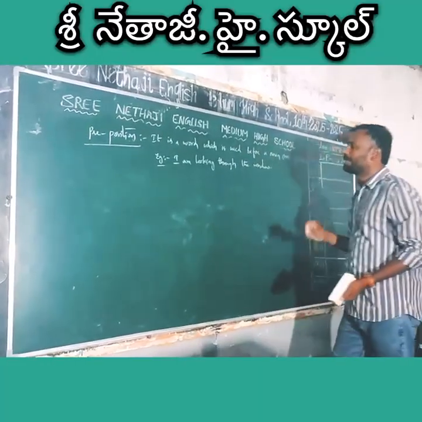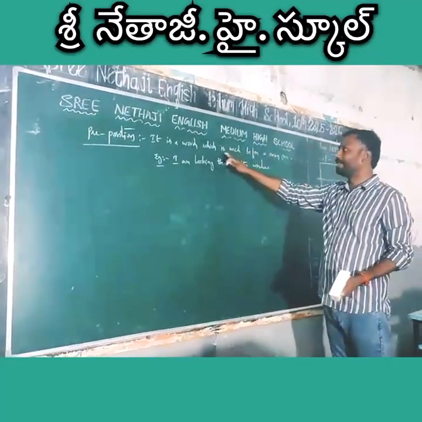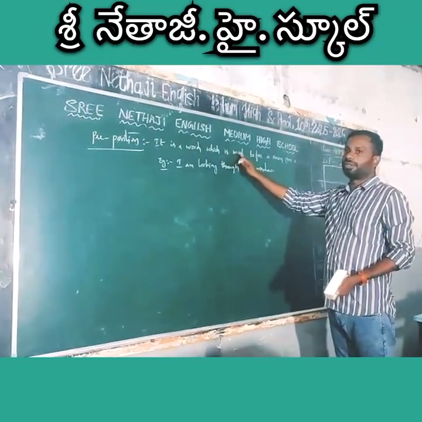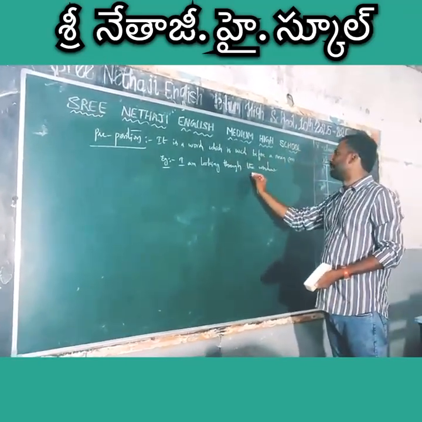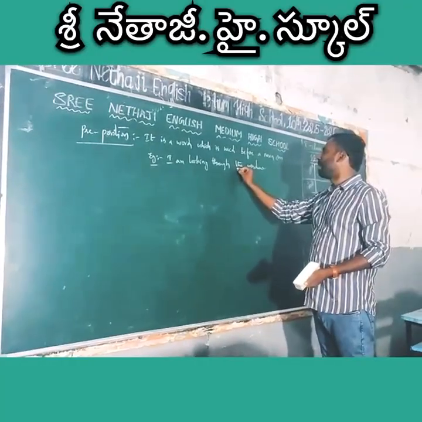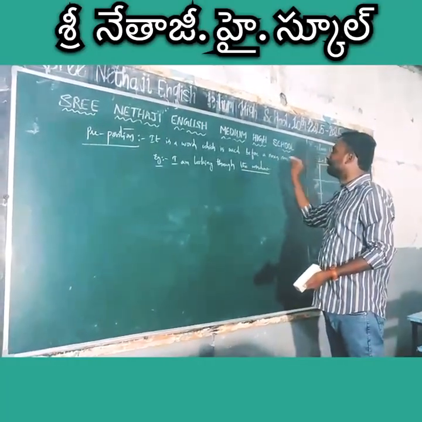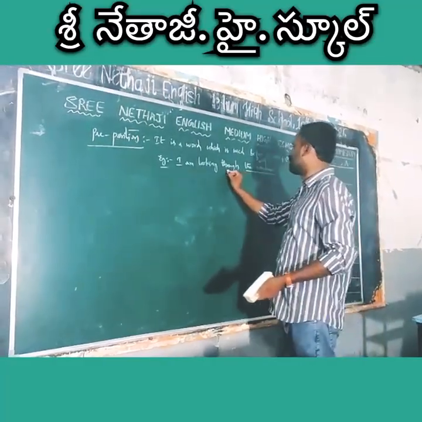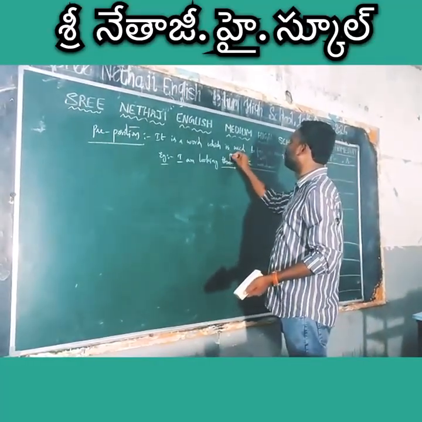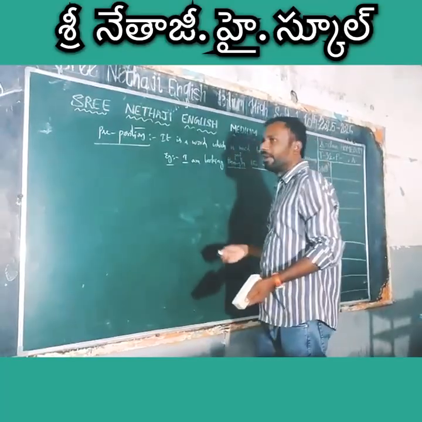Here, what is a preposition? As we discussed, a word which is used before a noun or a pronoun is a preposition. Here, along with the article, the window is a noun. Whatever comes just before the noun becomes preposition. Let us see one more example.